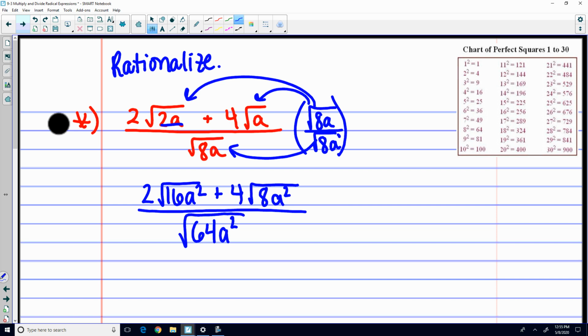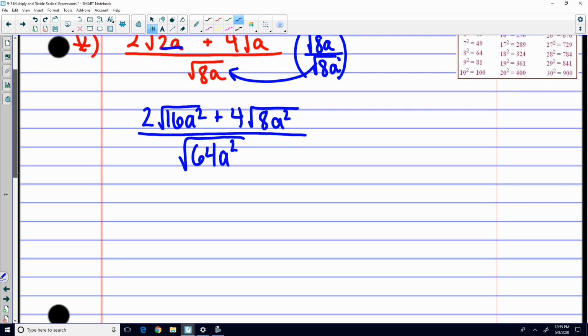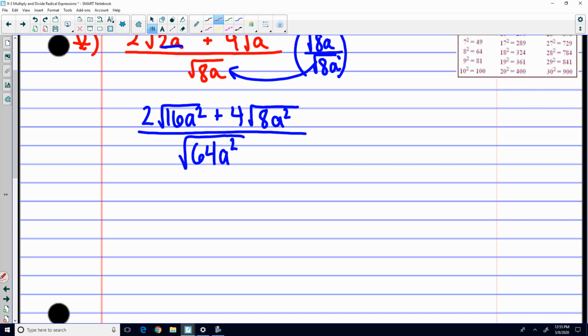Let's go ahead and simplify some of this stuff down then, and then we'll divide. This is a perfect square. 16 is 4, and a squared is a. So I just need to multiply these. So I have 8a, there's a plus sign. 8 can be simplified down a little bit. Let's actually write it over here.